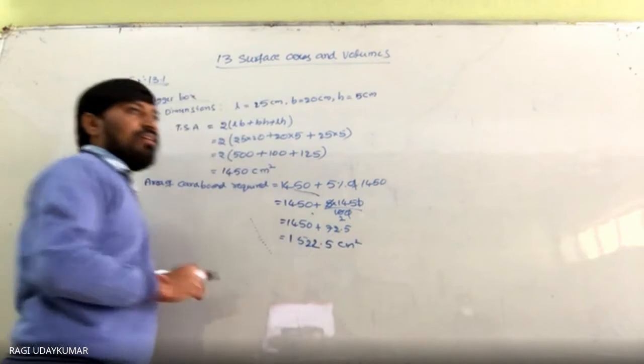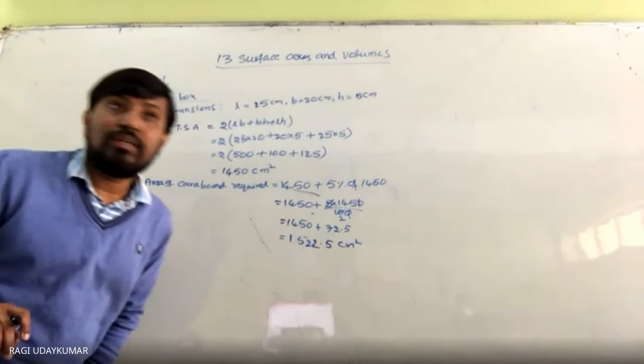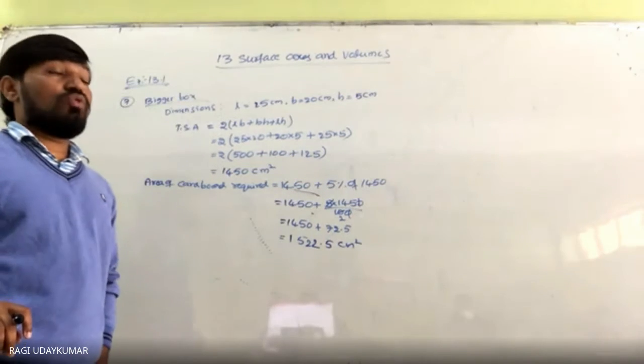When you add it, you get 1522.5. This is for one box, and like this you need 250 boxes.